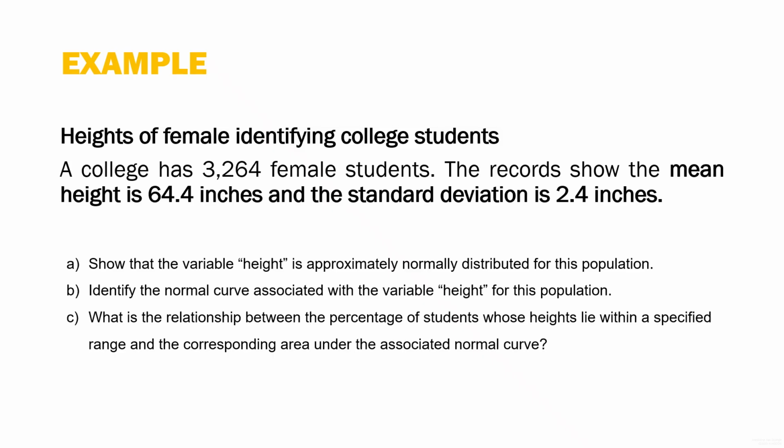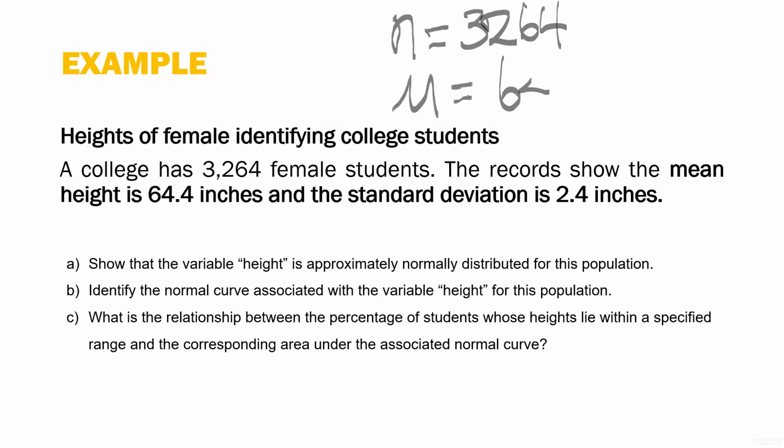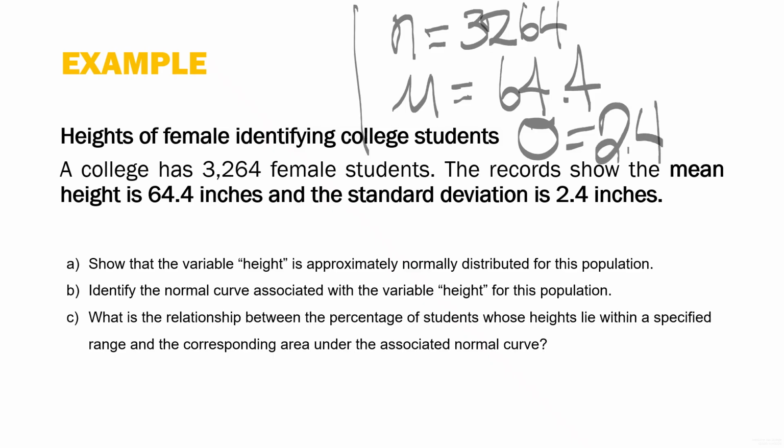So as I'm reading this, I will write down, for example, n is equal to 3,264, and that I'm going to have a mean of 64.4 and a standard deviation of 2.4. The reason I get you to start doing that as you read the question is because you're going to need these things. It just starts you getting your work in order.